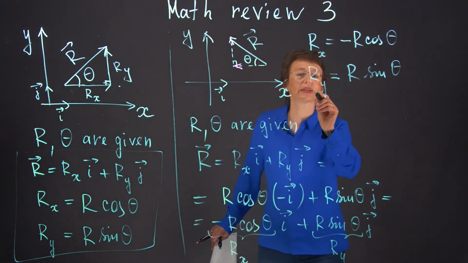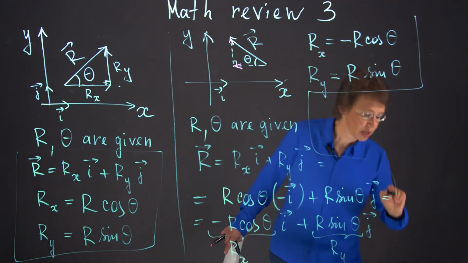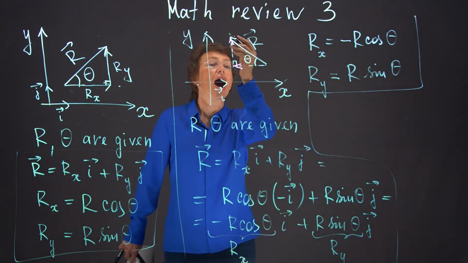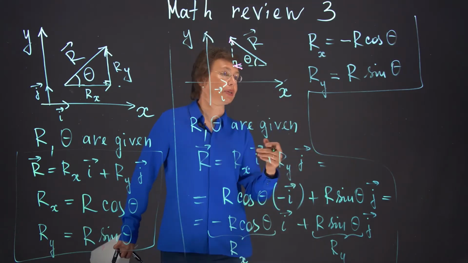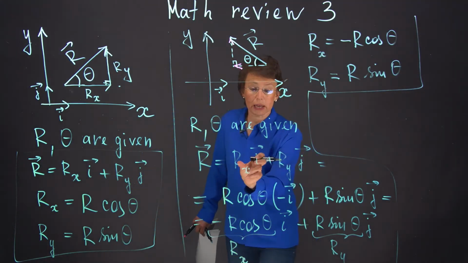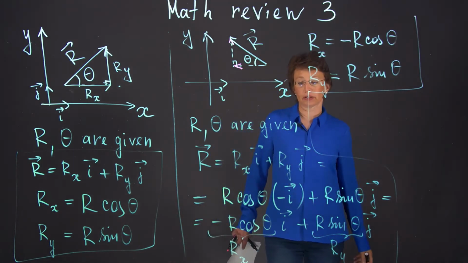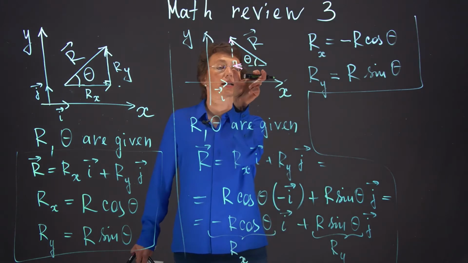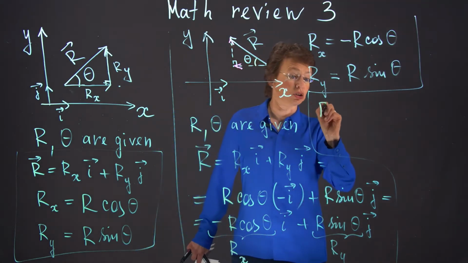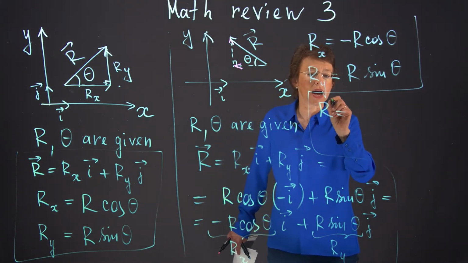The last note that I want to make is, imagine now that instead of r and theta, the components are given, r sub x and r sub y. If the components of the vector are given, how to find magnitude and direction? Since this is r sub x and this is r sub y, to find the magnitude of r, we just use the Pythagorean theorem. What is r squared?